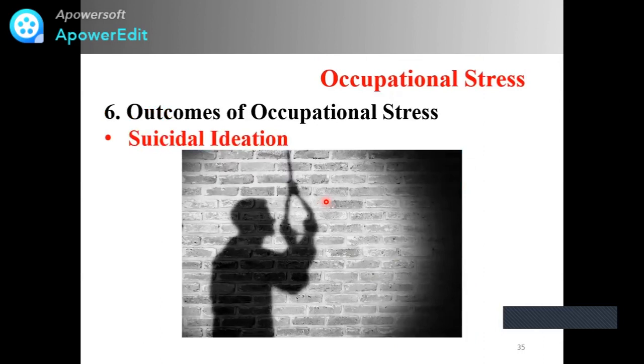Although stress is not a disease, its presence is associated with suicidal thoughts, depressive symptoms, and anxiety among workers. Okay, that is enough for the basically four types of hazards: occupational accident, occupational diseases, quality of work life, and occupational stress.